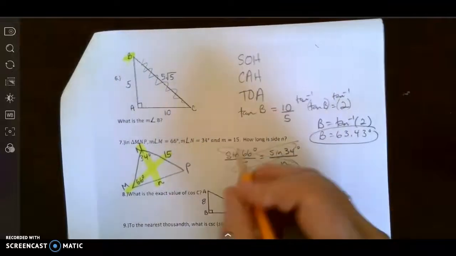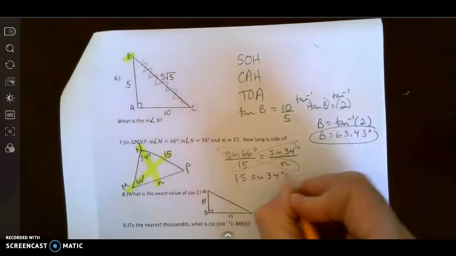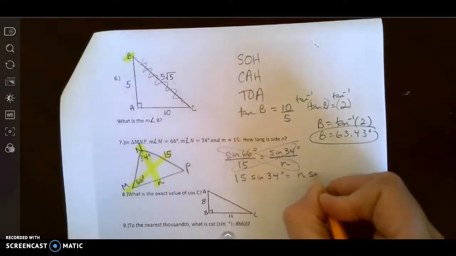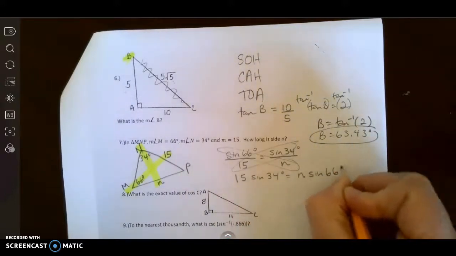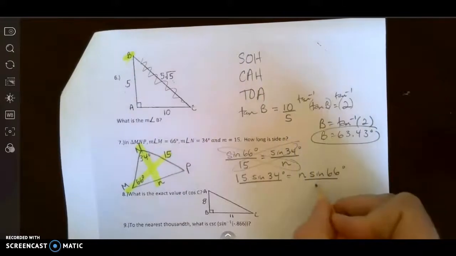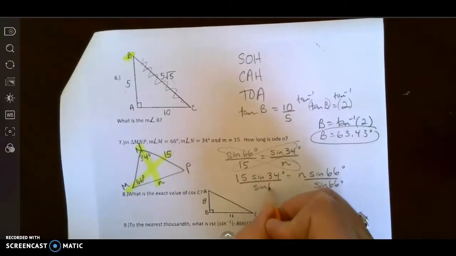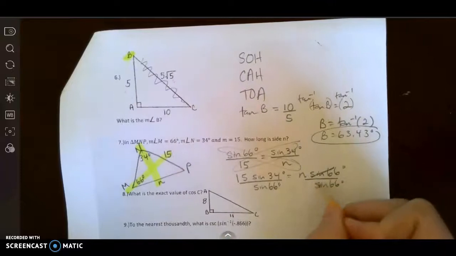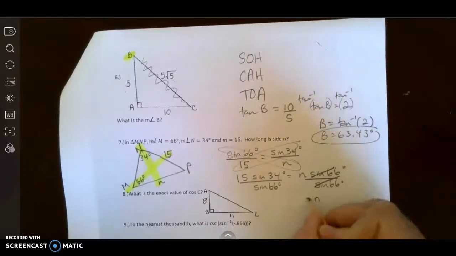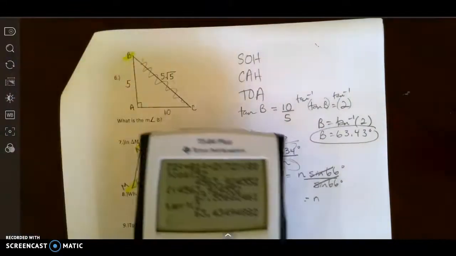Cross multiply. 15 times the sine of 34 equals n times the sine of 66. I'm solving for n, so divide by the sine of 66. And I can just put all of this in my calculator.